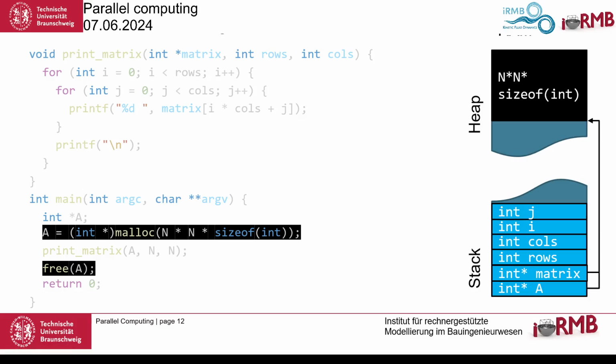This is a pointer, so it's not the information on the matrix here. It's only the address, and on a modern computer it has 64 bits size.